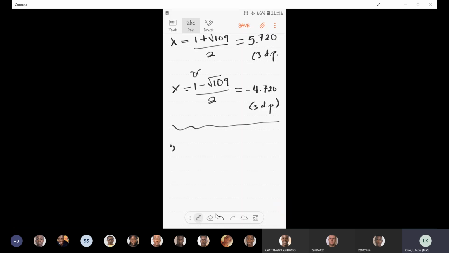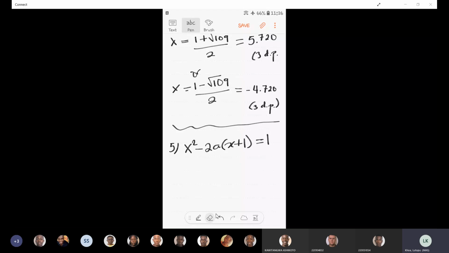And then number 5, we have x squared minus 2ax plus 1, and this is equal to 1. Okay, now this one is different in that we have an a over there.